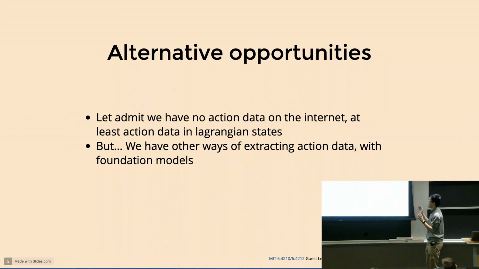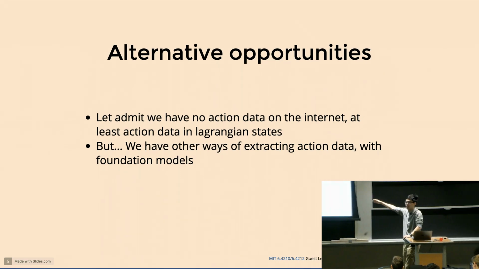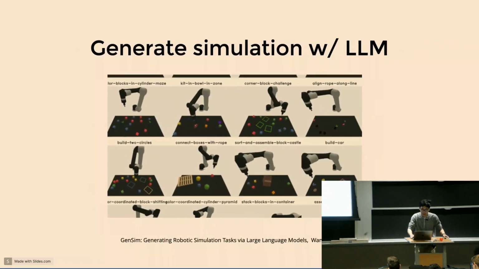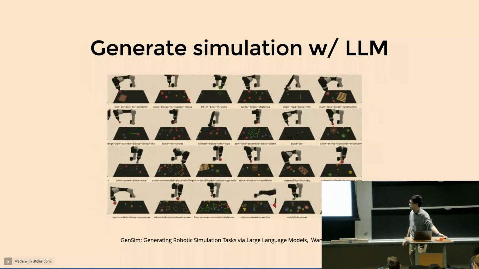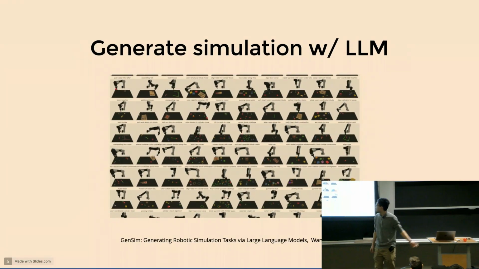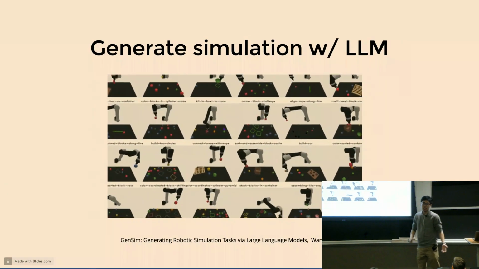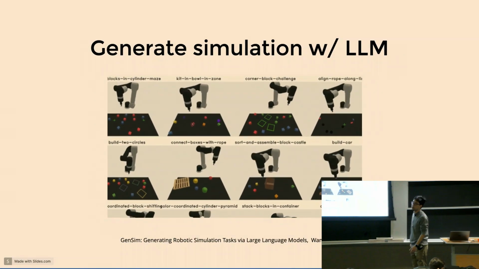However, we do have a lot of other ways of extracting action data with foundation models. These are some alternative approaches, some alternative opportunities, which make me still super optimistic about the future of embodied AI and general-purpose robots. And we'll see some of them here. For example, this paper from our lab, from Li Rui, who is not here, is using large language models to generate robot simulations.